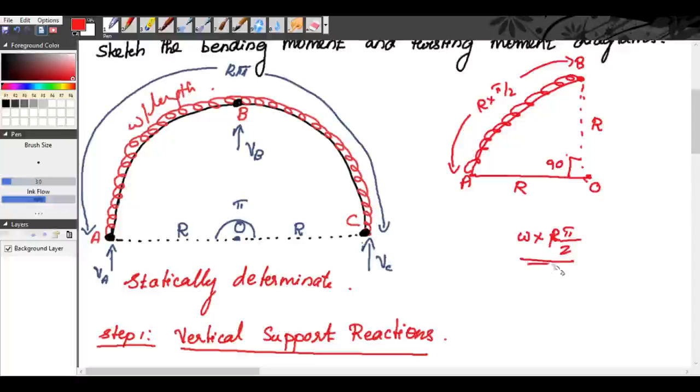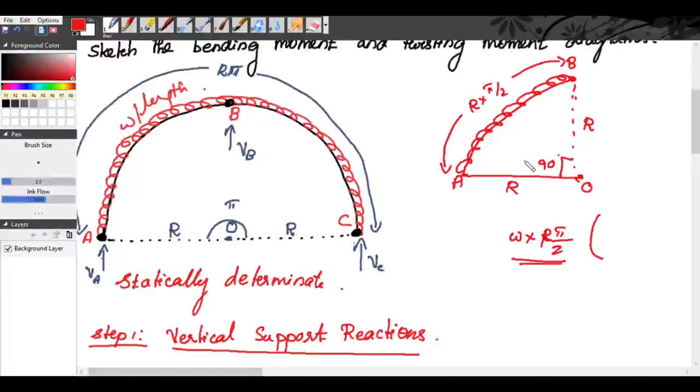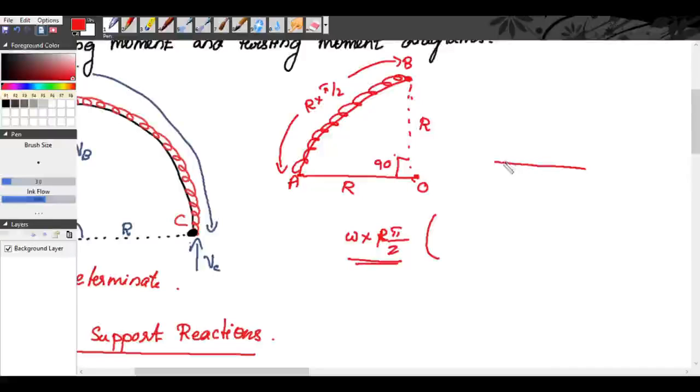So this is the load multiplied by the distance. How will you calculate the perpendicular distance? See, this is a semicircular arch, right? If you take a semicircular arch, the centroid will be equal to, see, if you take this point, the centroid will be equal to 2r by pi.